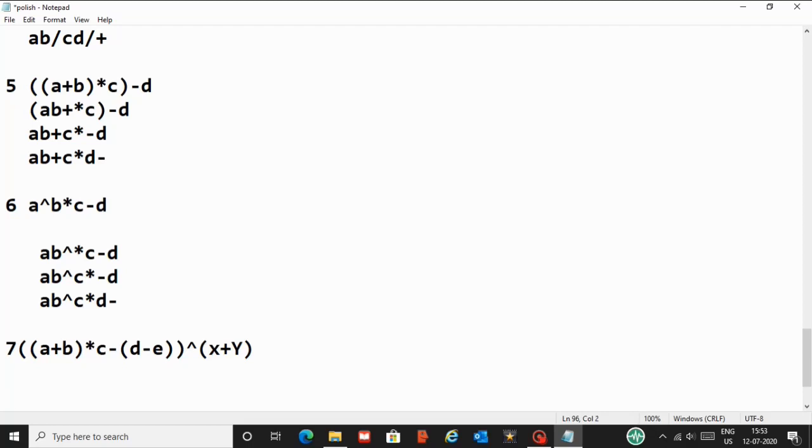I will solve, but I want you to solve this. First, we'll start with the brackets. Inside the bracket again I have two more brackets. So I will do AB plus, then this star will remain as it is, C, and this minus also will remain as it is. It will be DE minus, right?